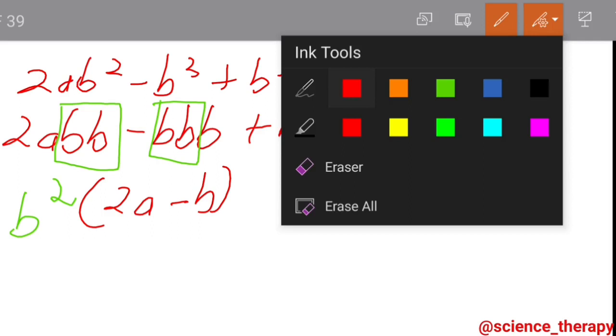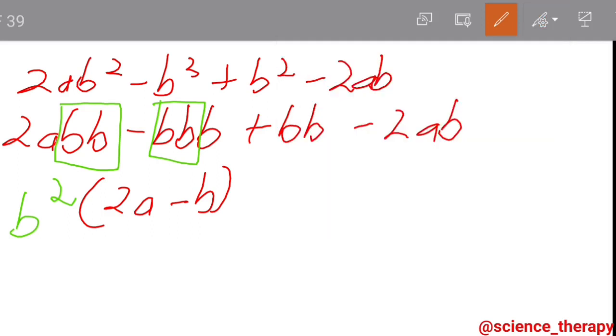Now, let's look at the common factor between the third and fourth term. So this is b, and that's b. So the common factor is plus b. Now, what is it that we are left with when we factor out b here?